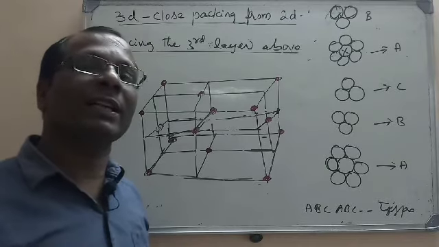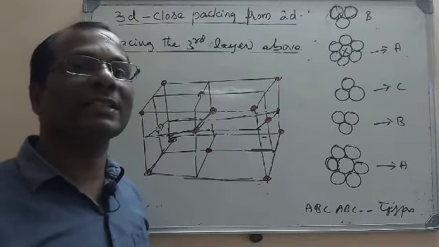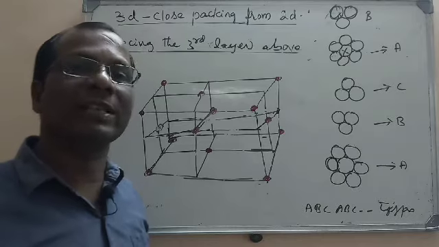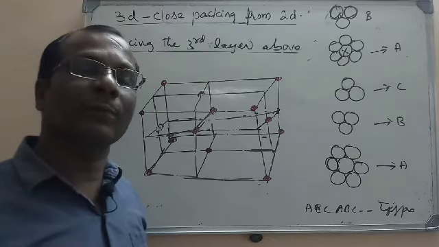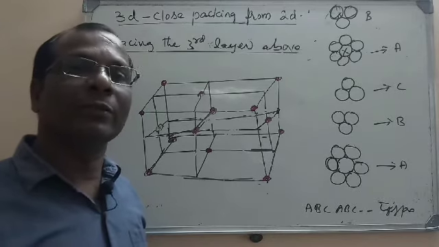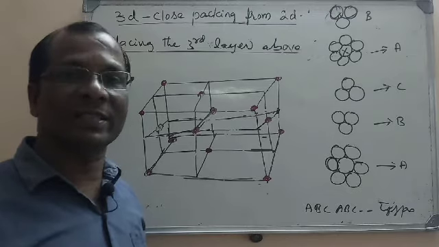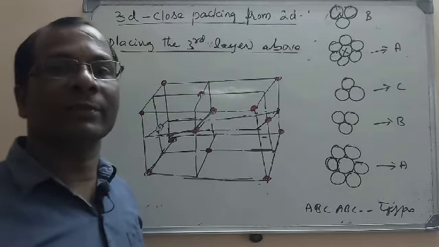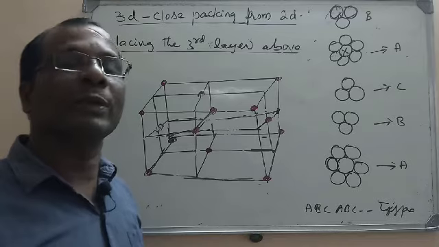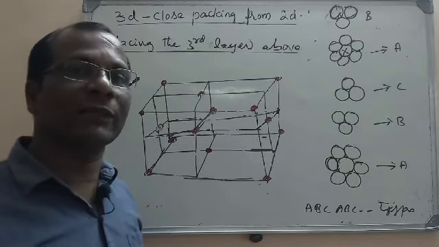When you keep the third layer above the second layer in such a way that the octahedral voids of the second layer are covered, you will get a pattern ABC. ABC is the pattern. It results in the formation of cubical close packing. It is also called FCC.